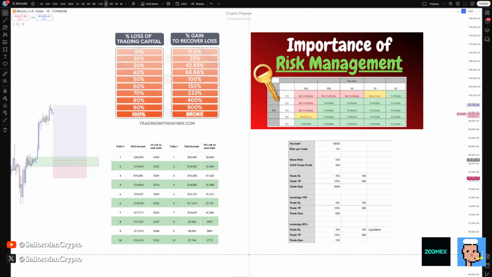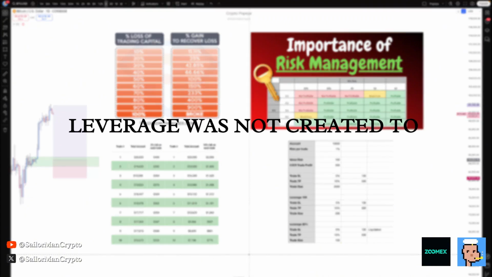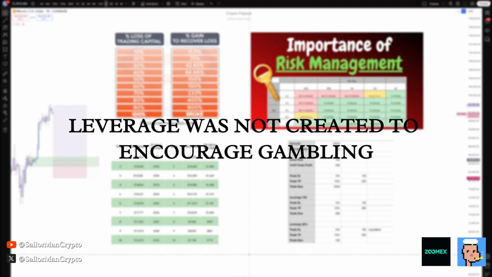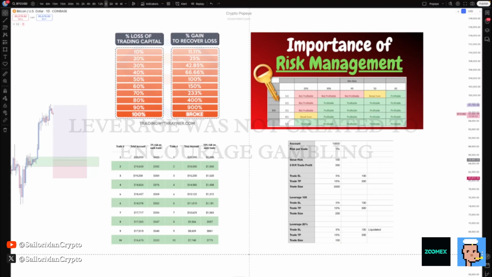Then we start to open the topic of leverage following this calculation. Remember that leverage was not invented to let you gamble or be degenerate, so that with a $100 account you can play 100x leverage and gain more.